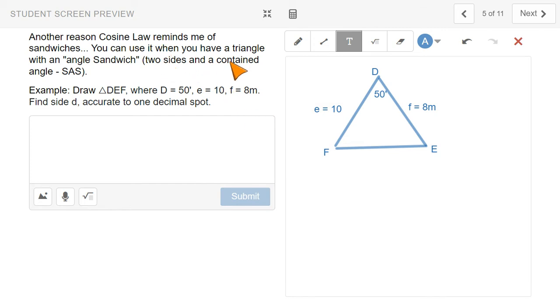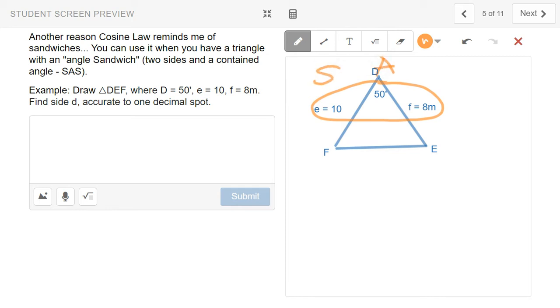Another reason that cosine reminds me of sandwiches is because when I see a triangle that has an angle sandwich, we have a triangle that I can use cosine for. So when I say an angle sandwich, I have here side, angle, side.